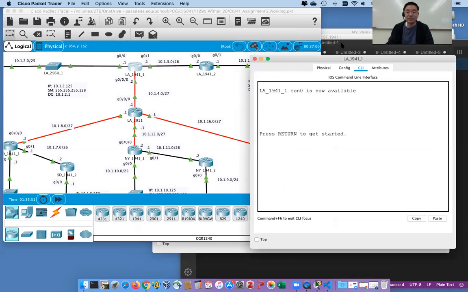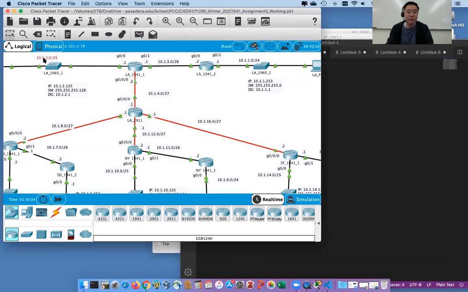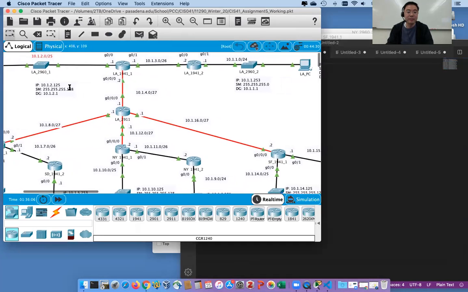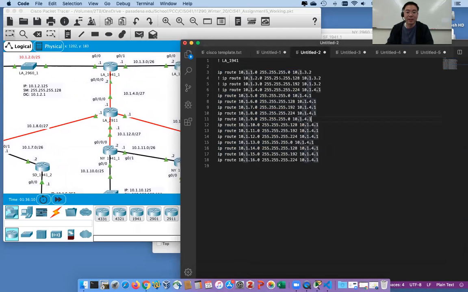Okay, cool. LA 1941 is here. So you notice 10.1.2, 10.1.3, and 10.1.4 are directly connected.